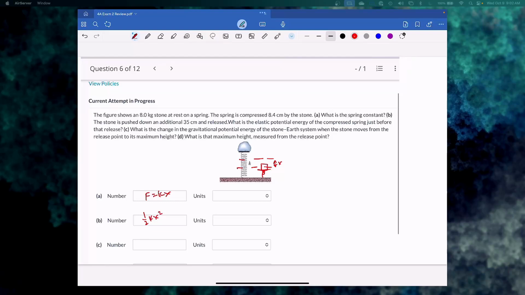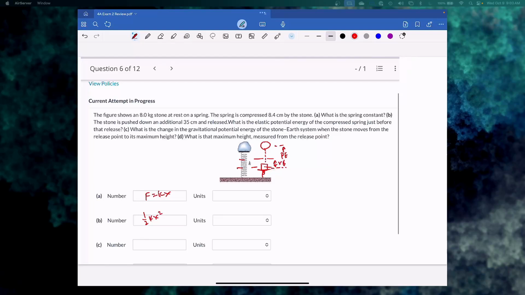And now they're asking, what is the potential energy of the stone above this release point? What's the potential energy of this point? Well, where's the stone going to get its energy from? Where does the gravitational potential energy come from?